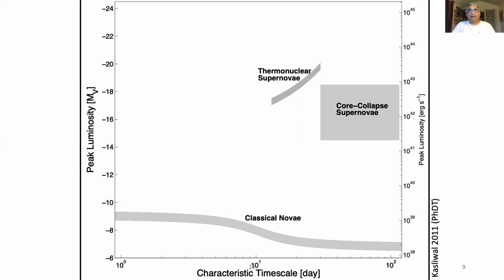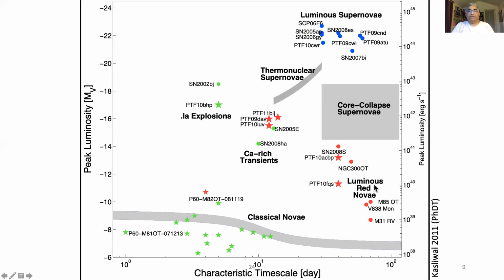Okay. And thanks to the work of a number of time domain facilities that basically came about after the millennium, Pan-STARRS 1, Palomar Transient Factory, later ASAS-SN, ATLAS now, this landscape turns out to be very, very rich.